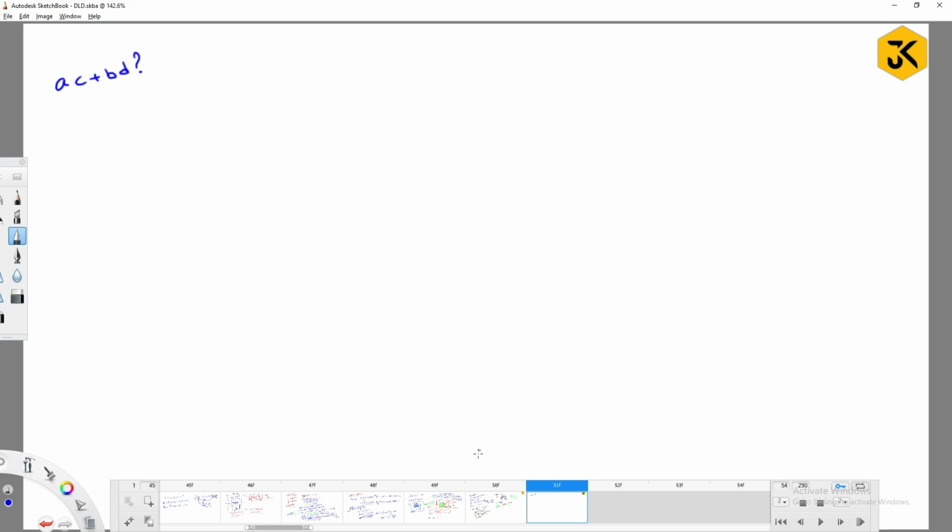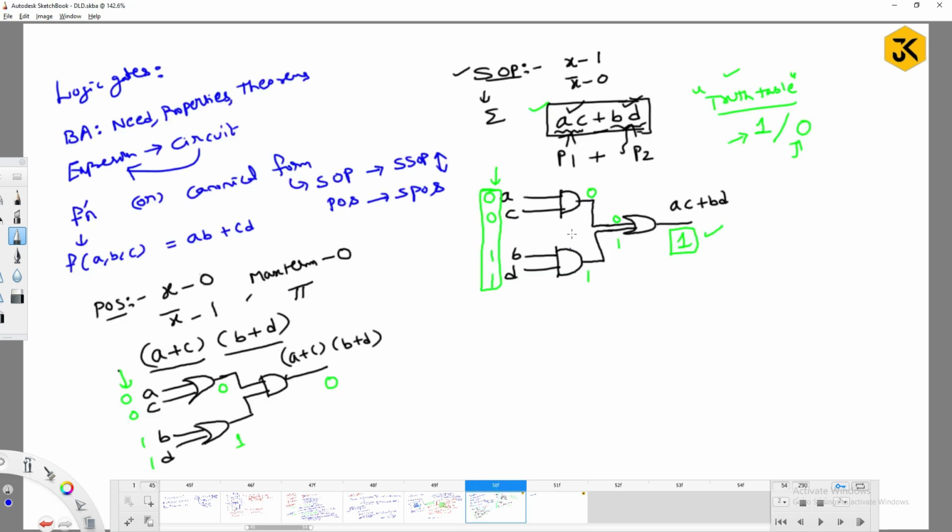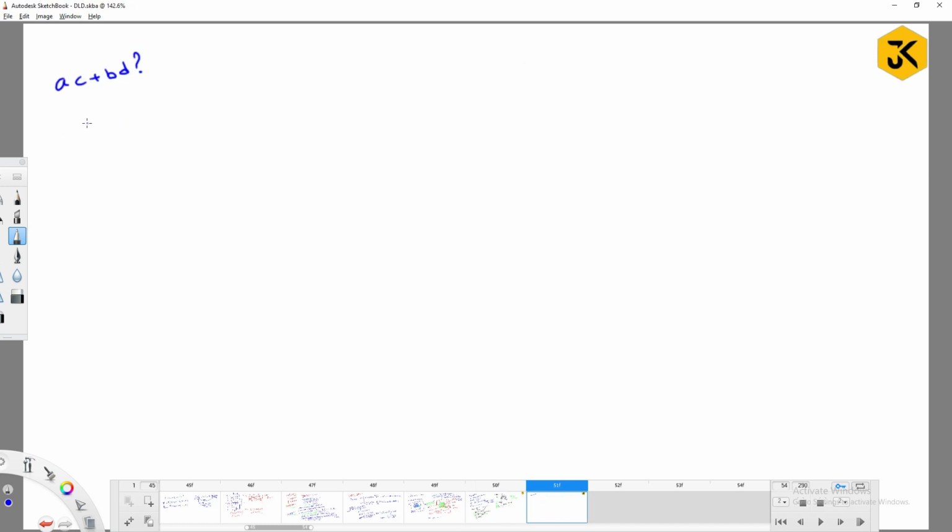So how many AND gates are there? Two AND gates plus one OR gate, if it is in sum of products. If it is in product of sums, (A plus C) into (B plus D), we are going to get two OR gates and one AND gate. Okay, guys. So as per this example, it is okay.